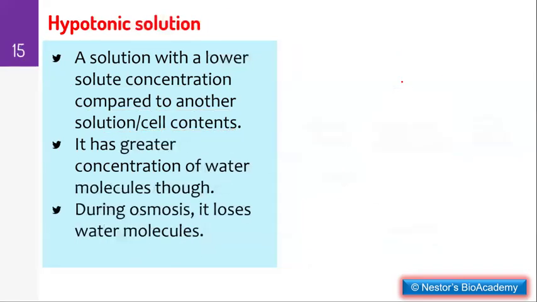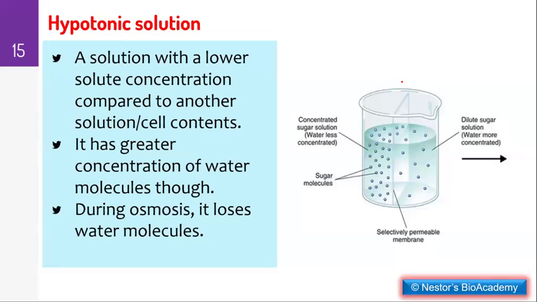Then we have hypotonic solution, still in the same regard. Now, a hypotonic solution is a solution with a lower solute concentration compared to another solution or compared to the cell contents. Again, coming to my A and B here, which one has got a lower solute concentration?